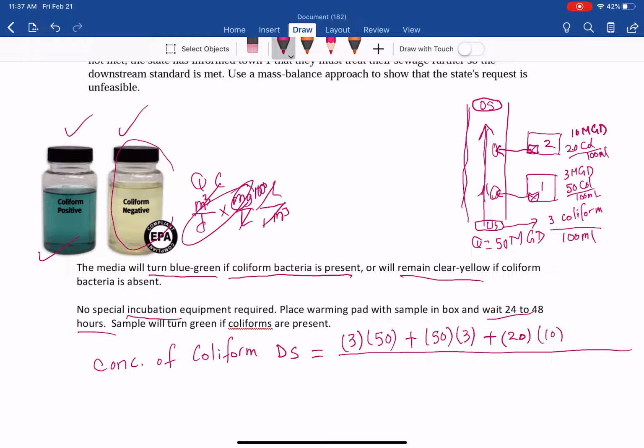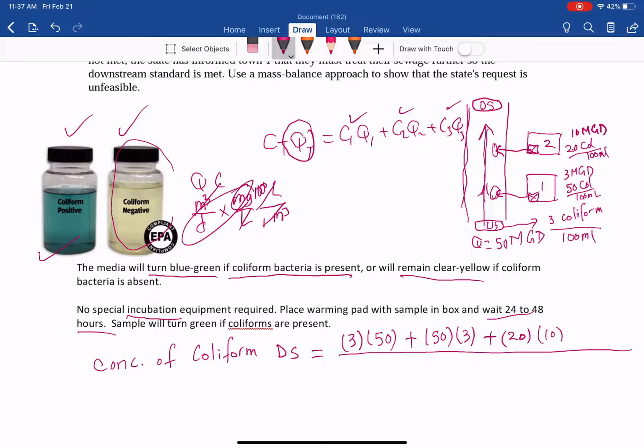Divided by the total flow rate. The way we do it here is the total concentration times the total flow is equal to concentration 1 Q1 plus concentration 2 Q2 plus concentration 3 Q3, and that's what we did, divided by the Q total.